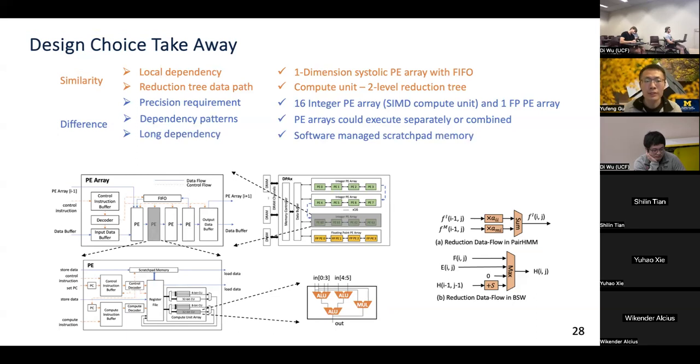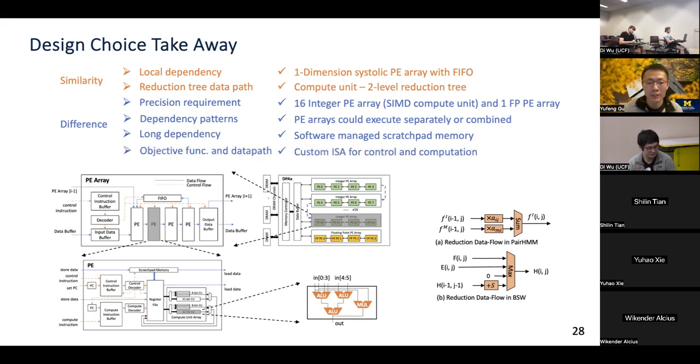And the third difference is the long dependency. If we recall the graph structure, if there is an edge connecting nodes far away from each other, then the local dependency is not enough to support such a pattern. So we introduce a software managed scratchpad memory to temporarily store such intermediate values to support the long dependency.